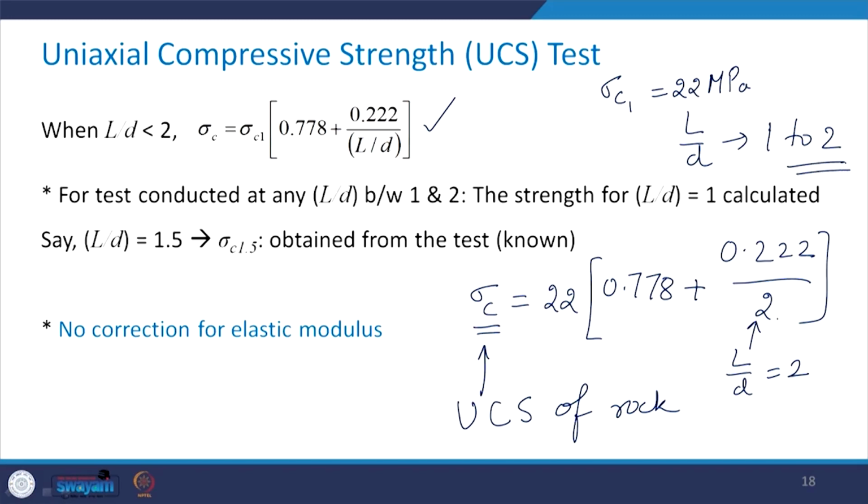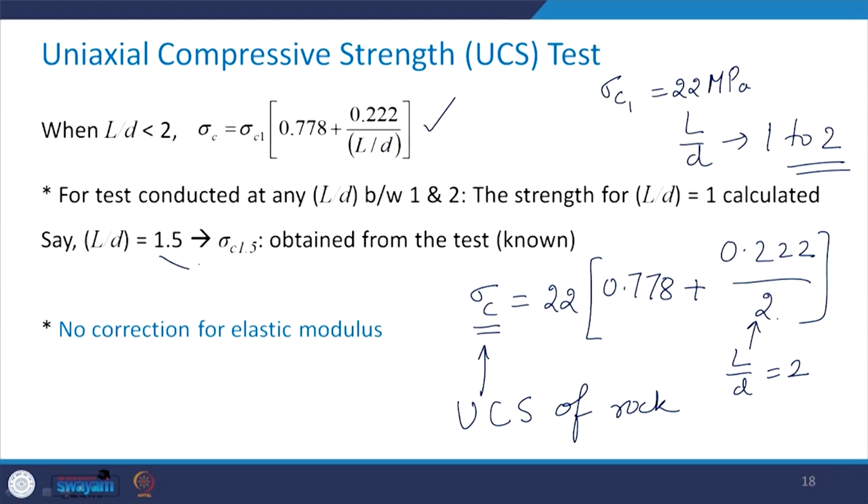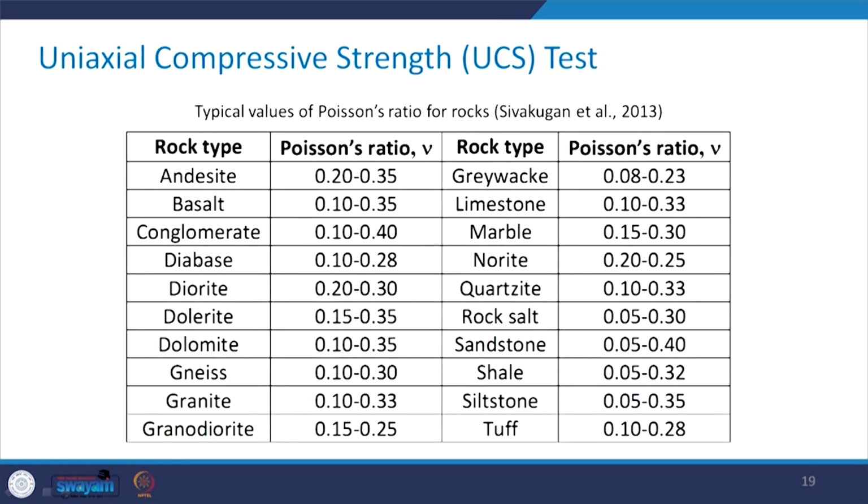Now, as far as the elastic modulus value is concerned, no correction is required, because it has been seen that the L by D ratio does not affect the elastic modulus to the extent that it affects the UCS. So whatever value of elastic modulus you obtain, let us say in this case for L by D equal to 1.5, that value can be taken as the elastic modulus of that rock.